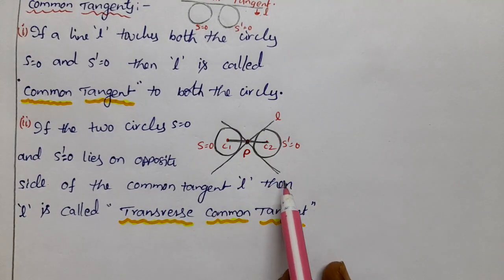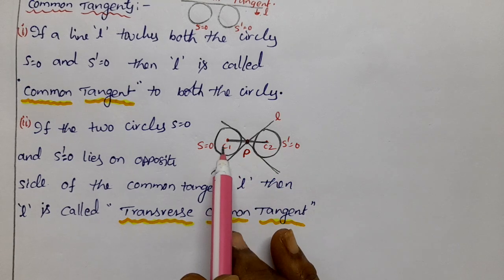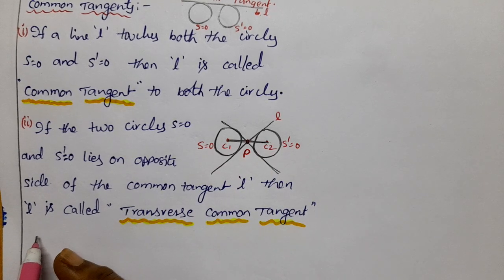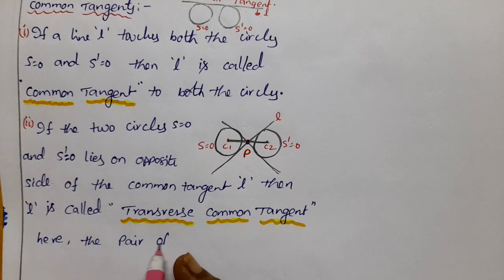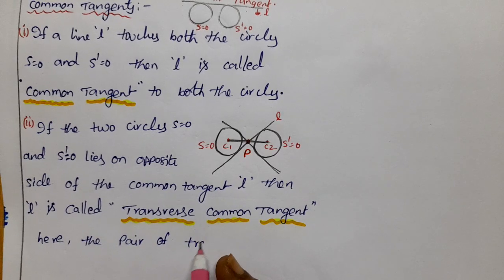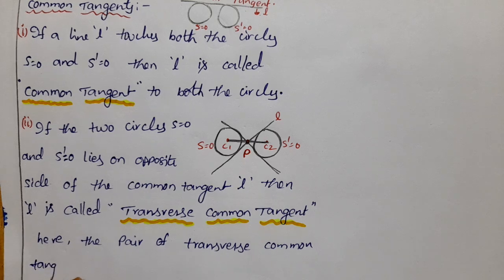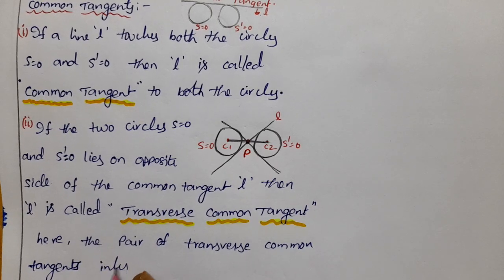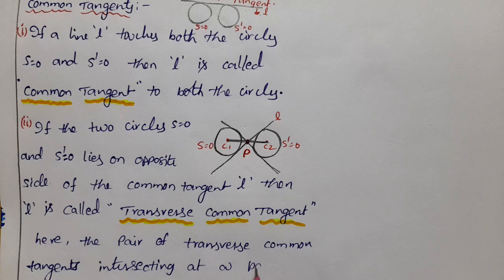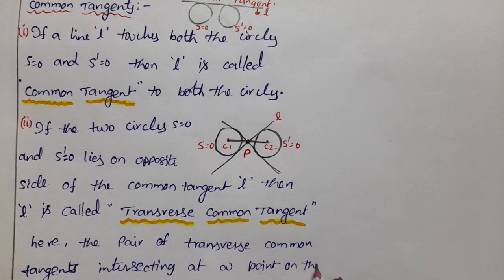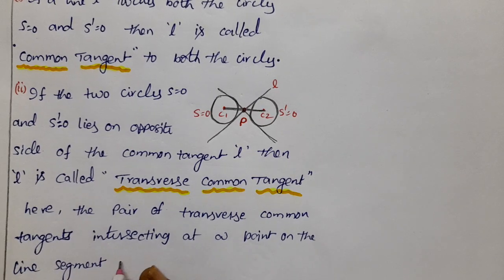The pair of transverse common tangents intersect at a point on the line segment C1 C2 bar.